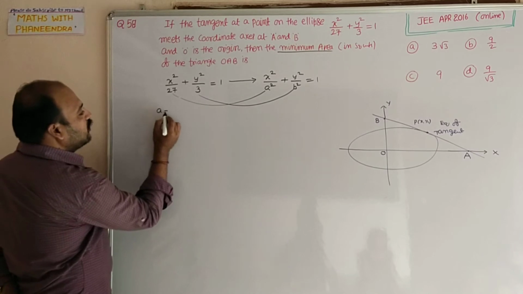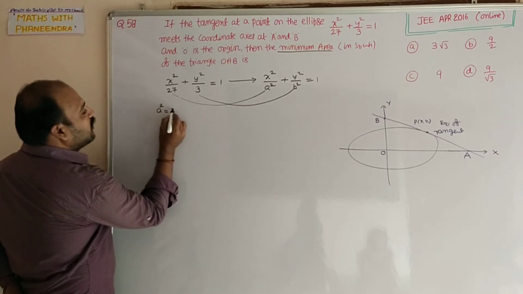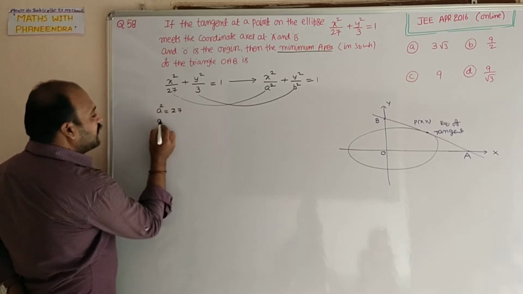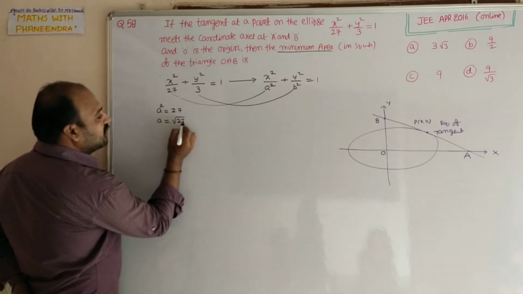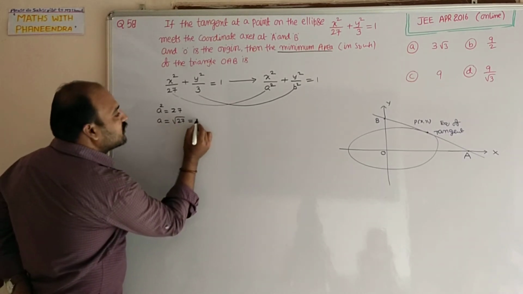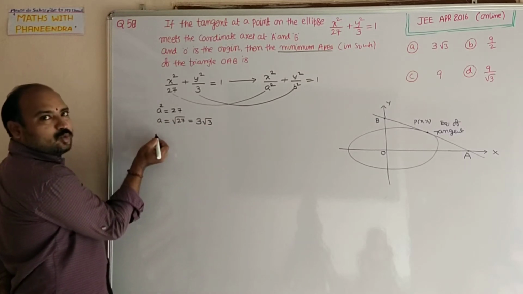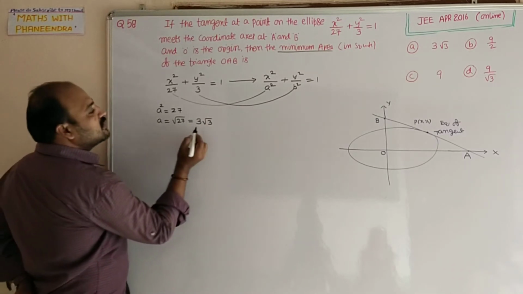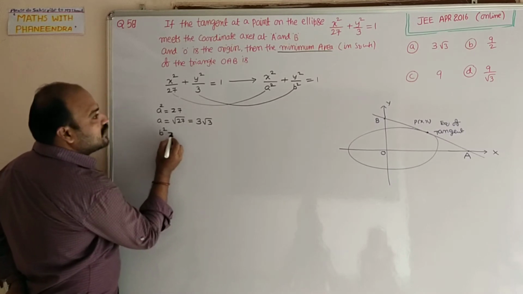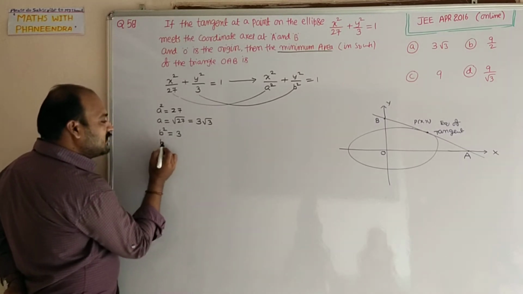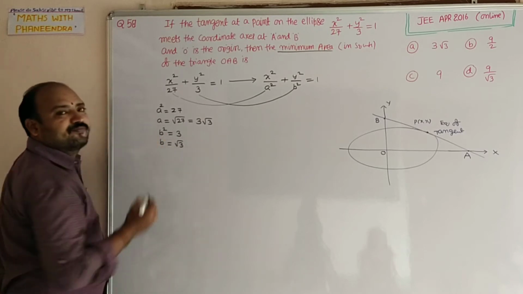So a is root 27, that is 3 root 3, because 9 into 3, 9 you can take outside of the root. Similarly, b square is 3, so b is root 3.